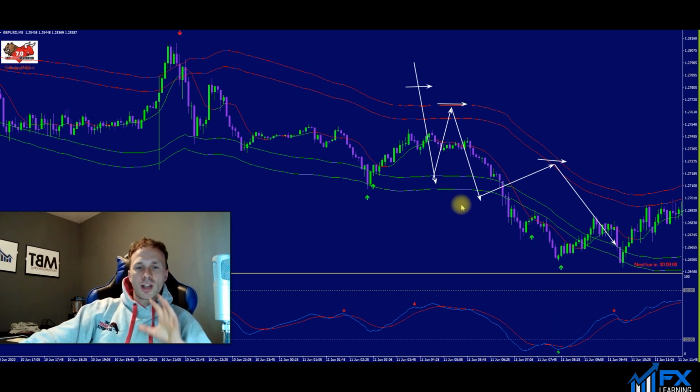Now, the reason why I do a manual trailing stop is because if you have a trailing stop loss, what can actually happen, everyone, is as price pulls down like this, hold on, I've done it wrong. There we go. As price pulls down, using a trailing stop loss can just take you out. So that's why I don't use a trailing stop loss.